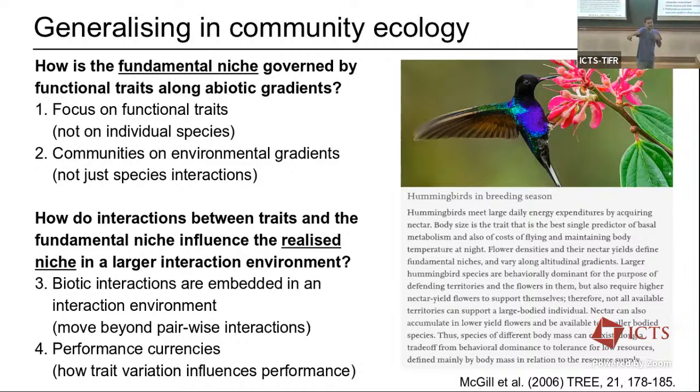Is there another 6-gram insectivorous bird in the habitat? If there is, then are we competing with each other? If we're competing with each other, then it's likely that the realized niche will become smaller than the fundamental niche. If there are two 6-gram insectivorous birds competing with each other, then they're likely not going to be found in the same location, because they simply cannot coexist. So the realized niche becomes smaller than the fundamental niche.